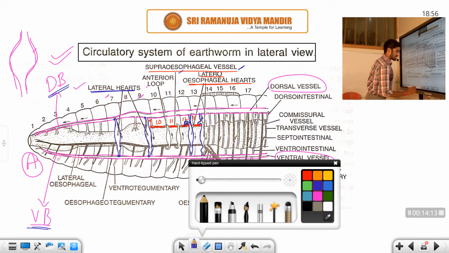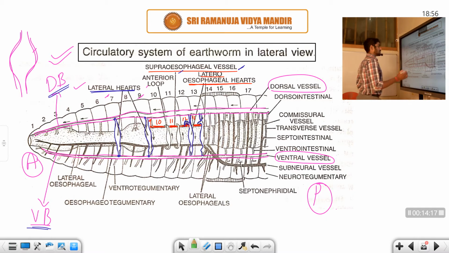Students, I will change the color for your visualization. I am drawing in green. Where is this lateral loop present?